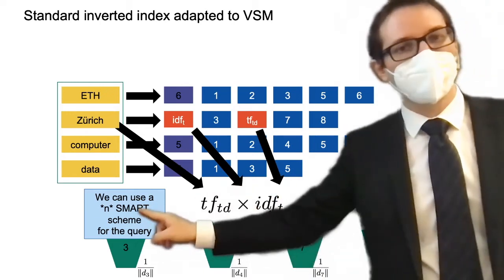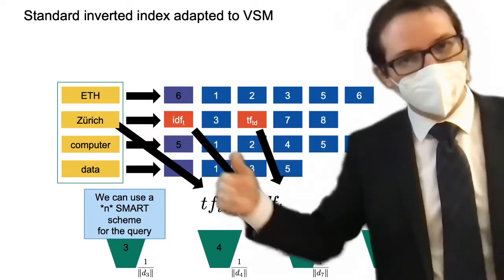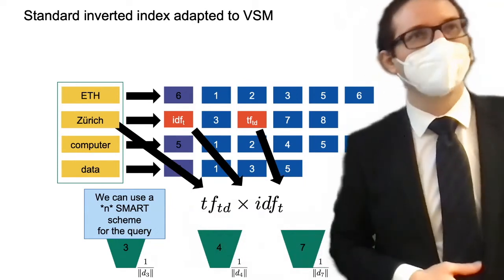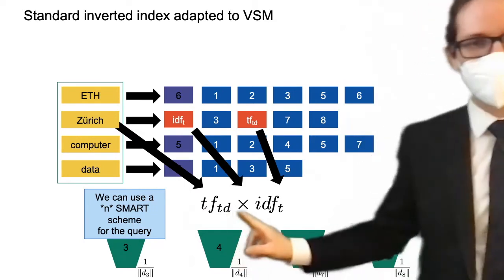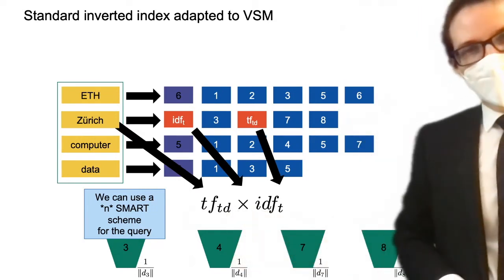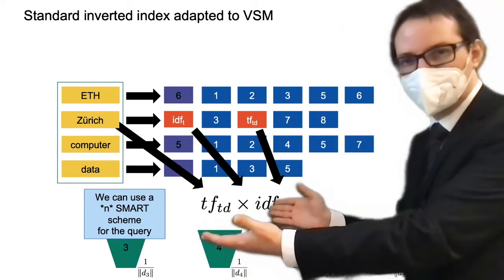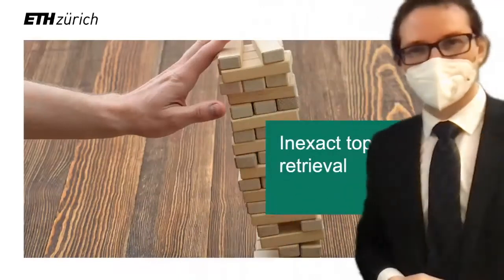That also has to do with the SMART notation. So we basically drop the term frequency. We don't renormalize, and on top of that, we throw away the IDF. So I think what we get is NNN or something like that on the query side if we do that, right? All right, so you see it's much simpler. So now we just have to sum the TF-IDFs over the documents.